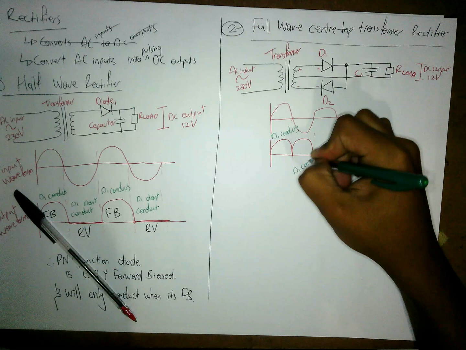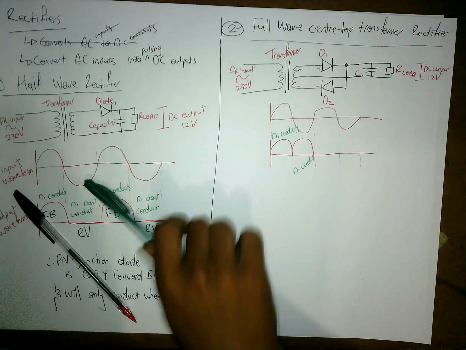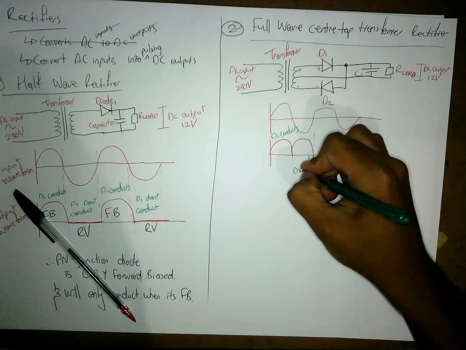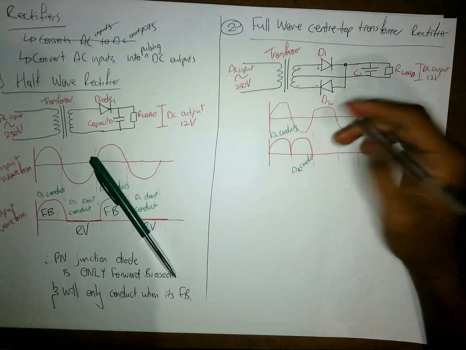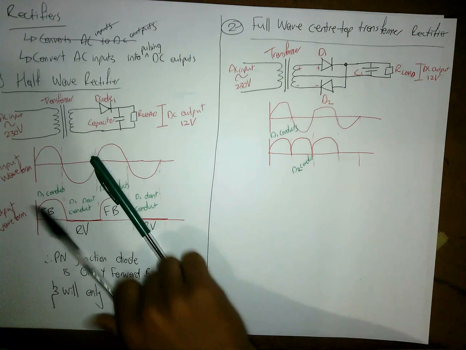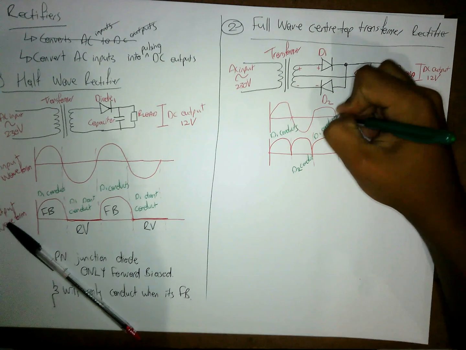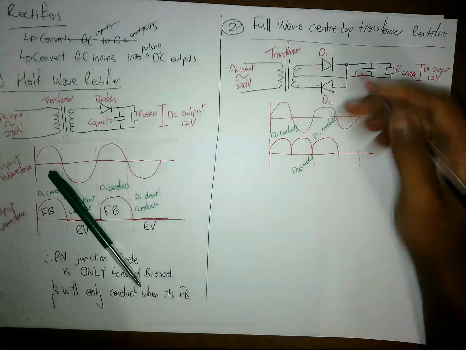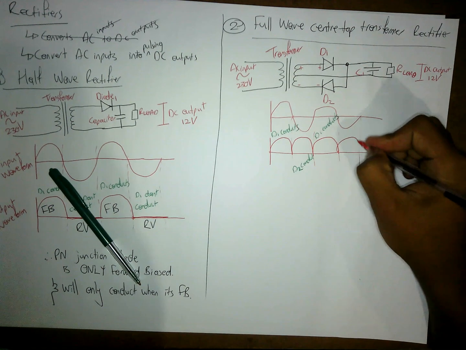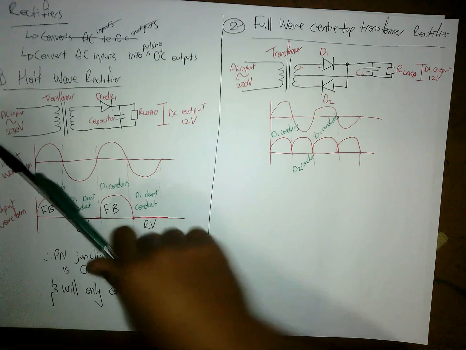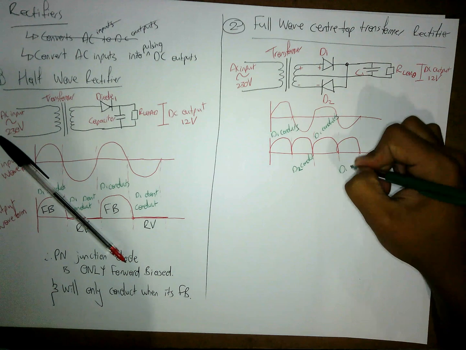D2 conducts. When it's in a positive again, D1 conducts. When it's in the negative again, D2 conducts. It works like that.